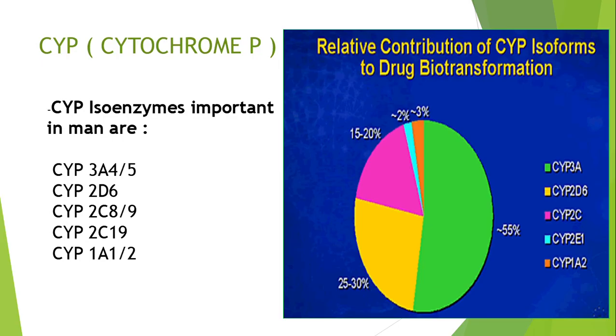Most drugs are involved with CYP3A: 55% of drugs are biotransformed through CYP3A, CYP2D6 accounts for 25 to 30%, CYP2C for 15 to 20%, CYP2E1 for 2%, and CYP1A2 for 3%. Like this, CYPs are involved in biotransformation.